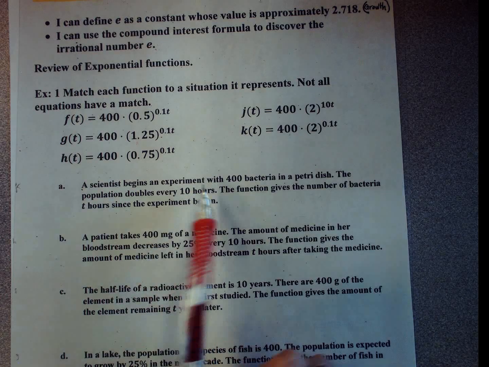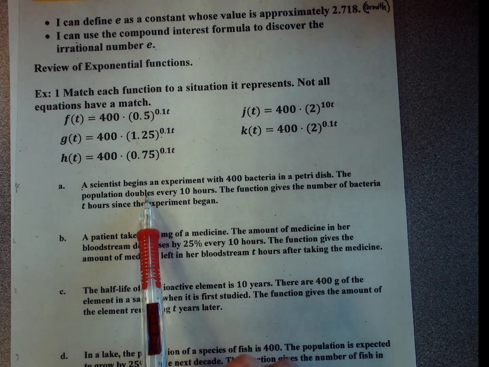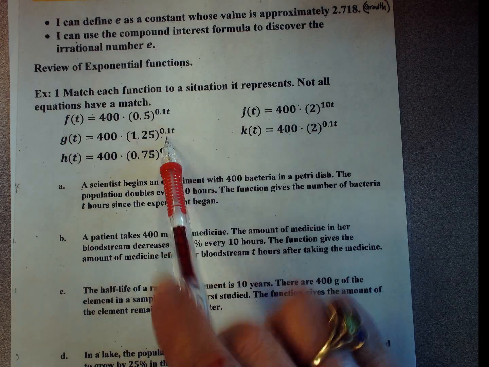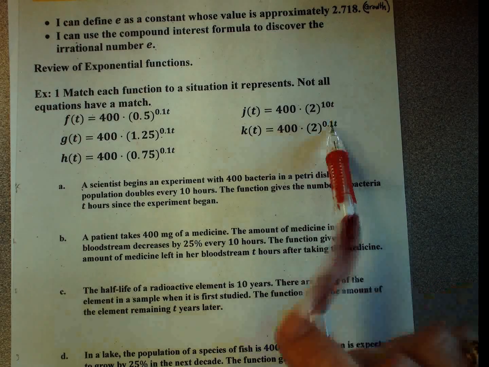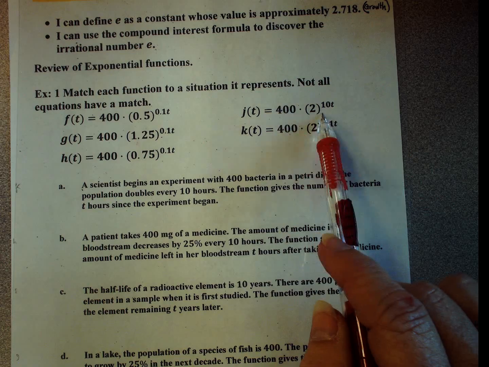Now, these are scenarios, and they want you to focus on that b number, okay? So if it says that the population doubles every 10 hours, notice that with the time, there is a consistent 0.1. So the one that has 10 in it probably will not be used.